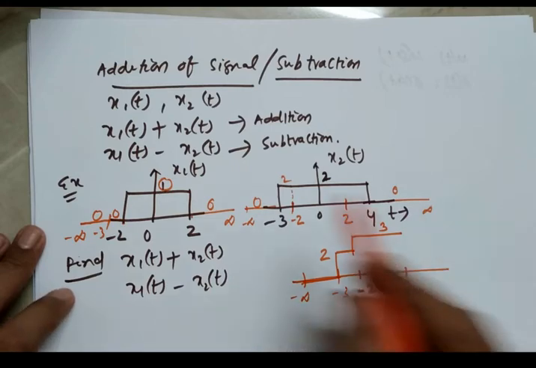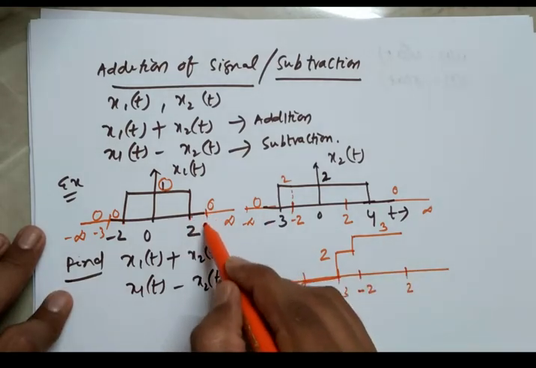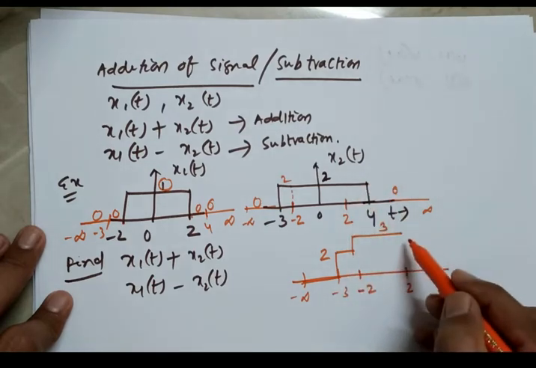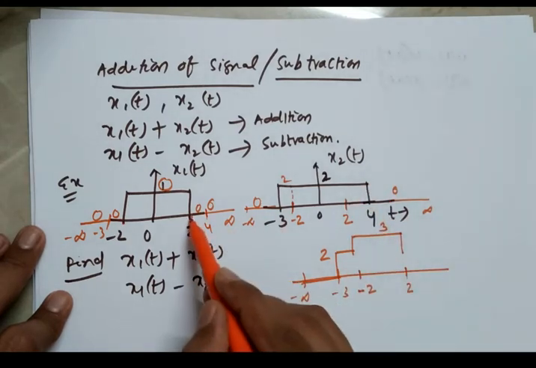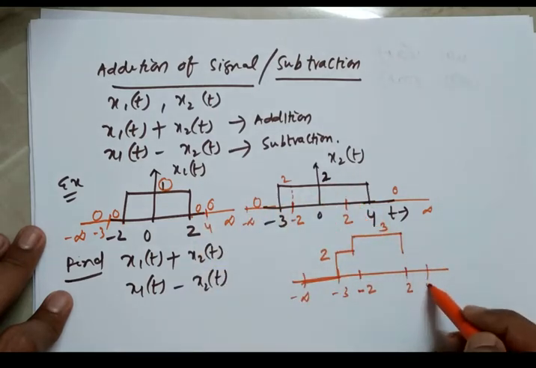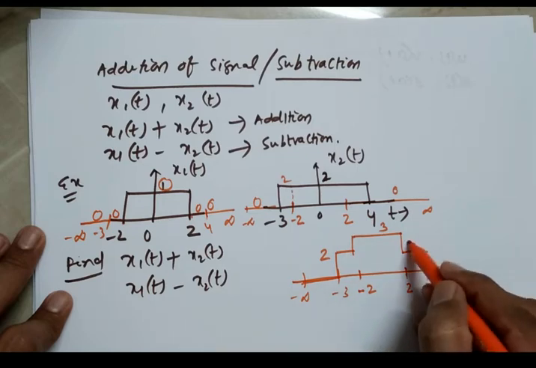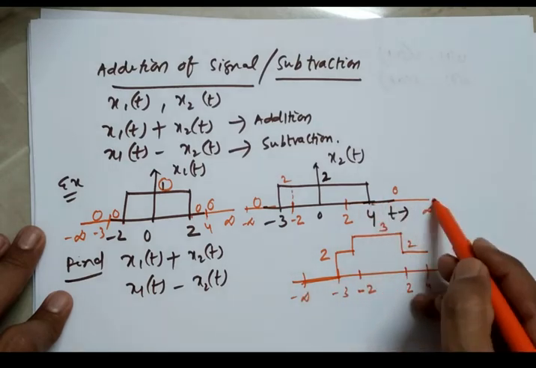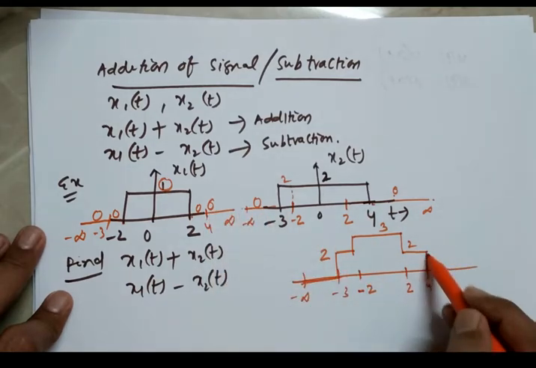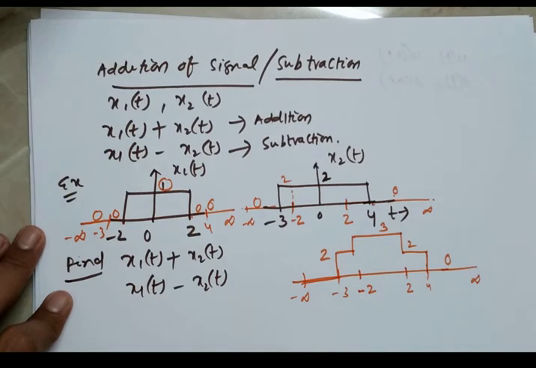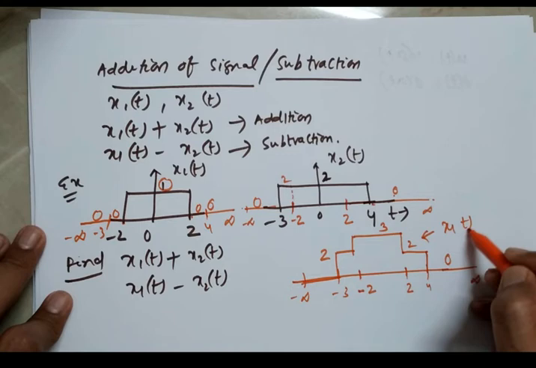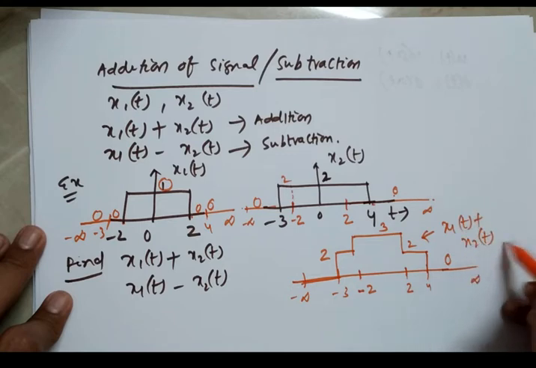Now from 2 to 4, x1(t) is 0 and x2(t) is 2, so 0 plus 2, it is 2. Now from 4 to infinity it is 0 in both, so in common it is 0. So this signal is your x1(t) plus x2(t).